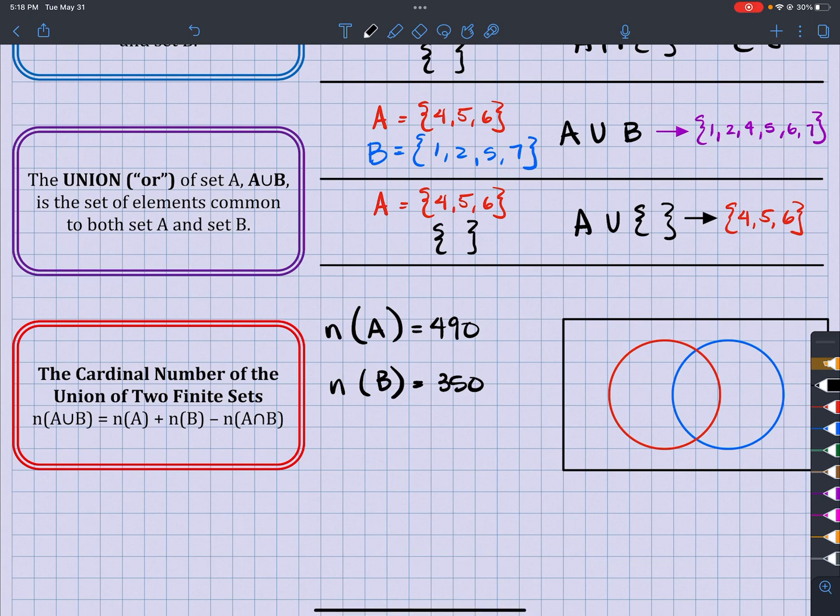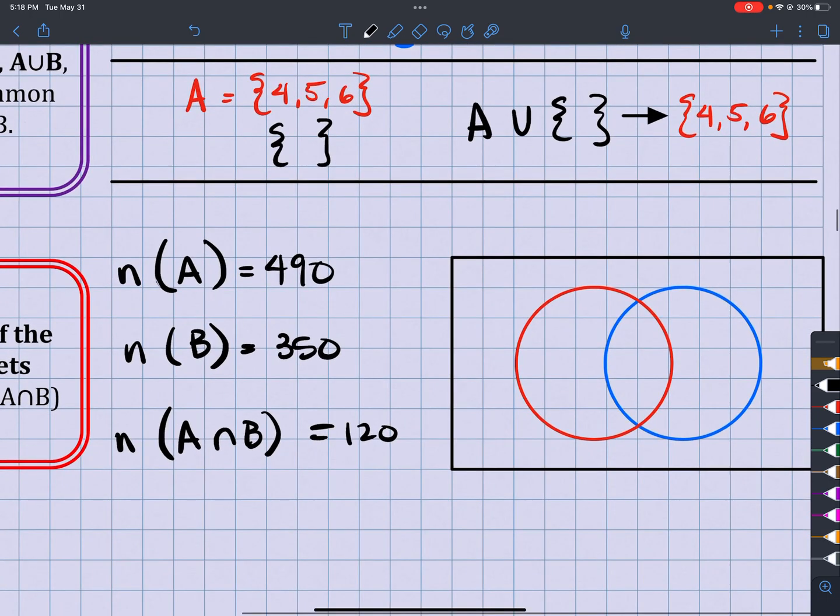And the number of elements that intersect is 120, meaning they can do both A and B, right? So let's see here.